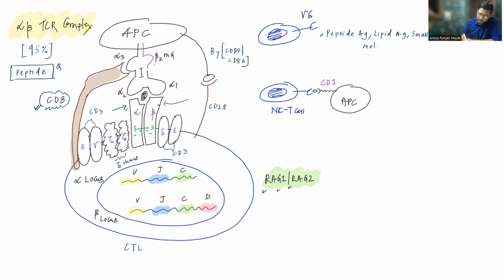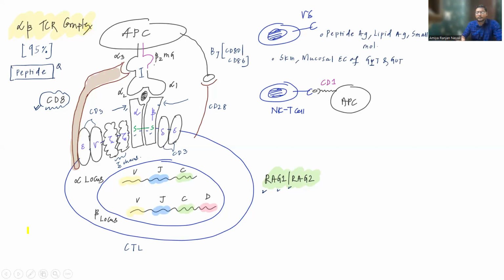These are predominantly present in the skin and the mucosal epithelial cells of the gastrointestinal tract and genitourinary tract. So these are the sites for gamma delta T cells.